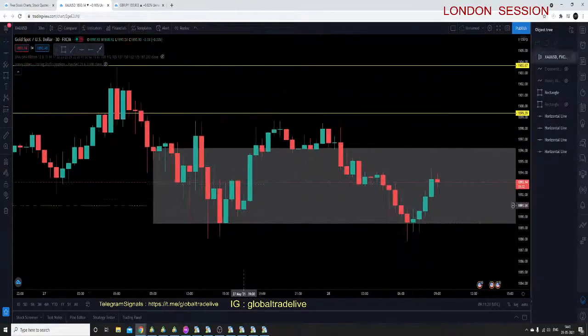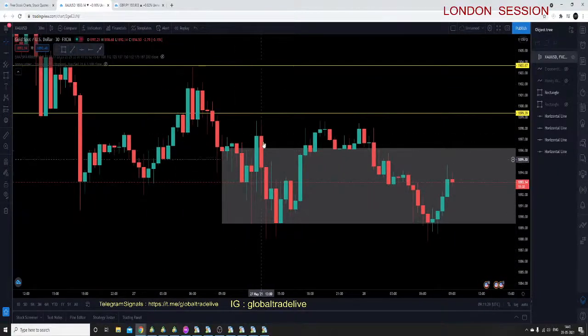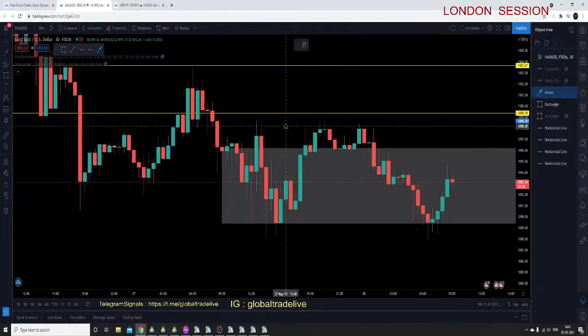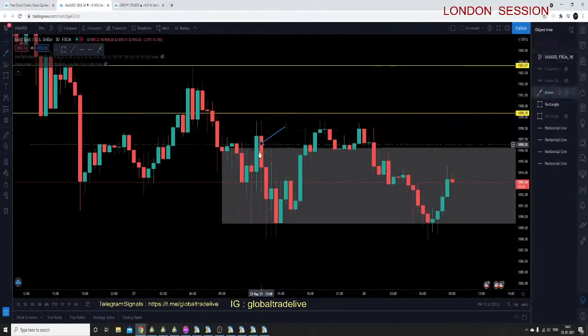And this candle over here is the start of a new 4-hour candle. The 30-minute candle is the start of the new 4-hour candle, right? So it just came down, closed bearish.